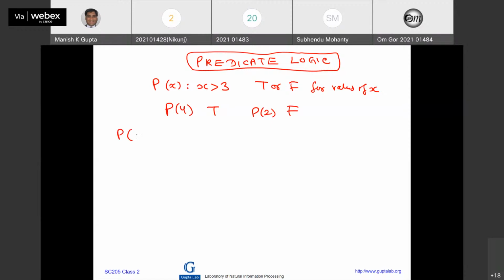So essentially, we have this kind of x1, x2, ..., xn, and the value of the proposition function P at the n-tuple.